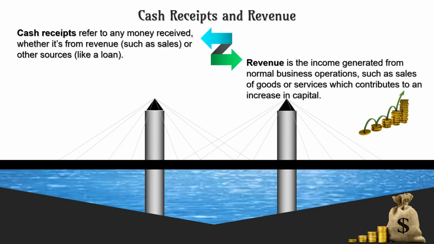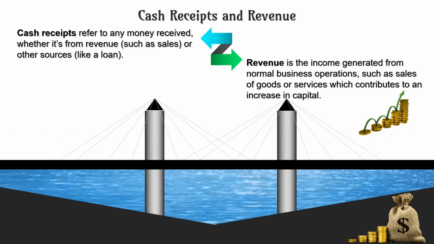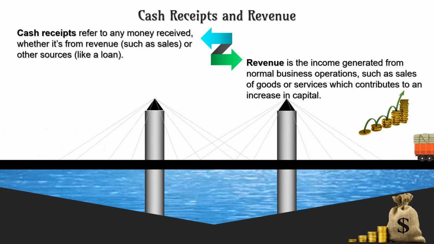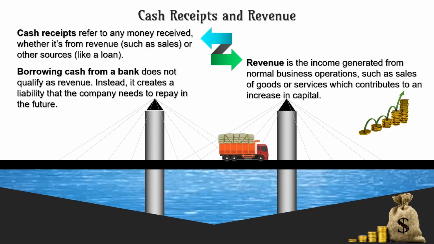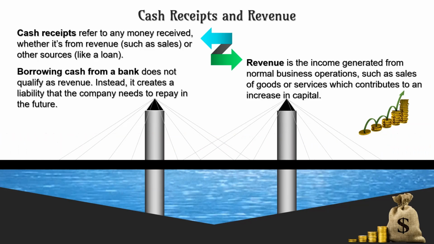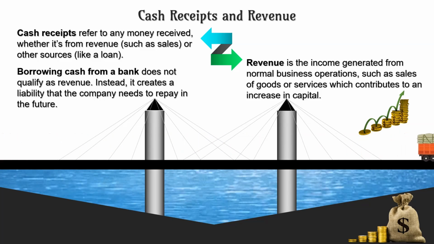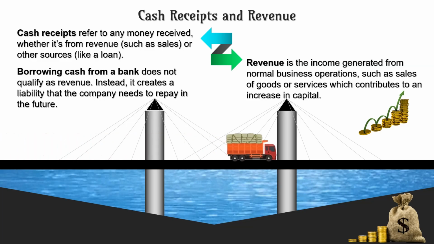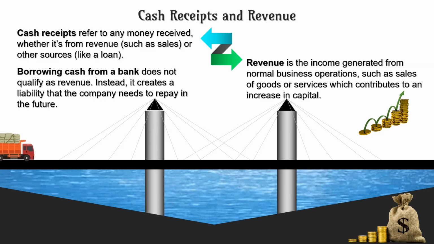Revenue, on the other hand, is the income generated from normal business operations, such as the sale of goods or services, which contributes to an increase in capital. Accordingly, borrowing cash from a bank results in a cash receipt, but it does not qualify as revenue or increase the company's capital. Instead, it creates a liability, a loan, that the company must repay in the future.